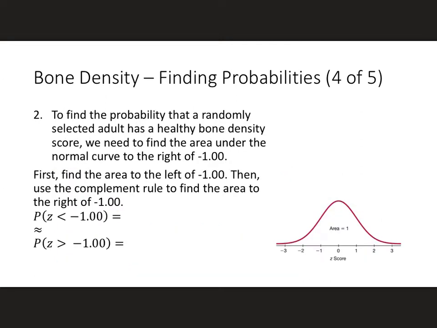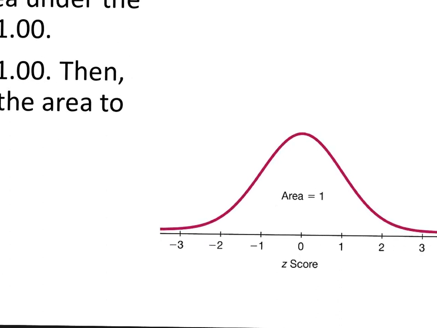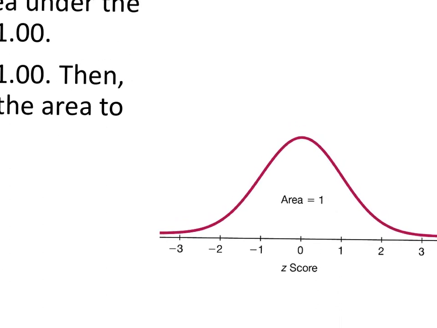In number 2, we are looking for the probability that a randomly selected adult has a healthy bone density score. So we're going to need to find the area under the normal curve to the right of negative 1. This is because any adult that has a bone density score of above negative 1 is considered to have a healthy bone density. So if I go ahead and start marking off those pieces that I need, I have my area here, above negative 1, so we're shading up this way.